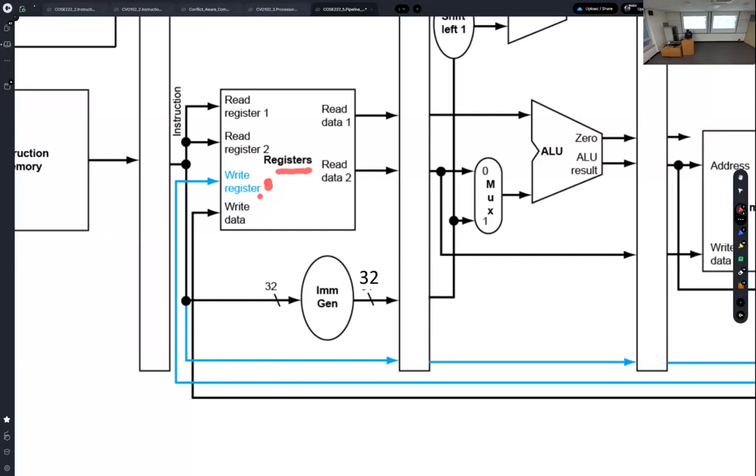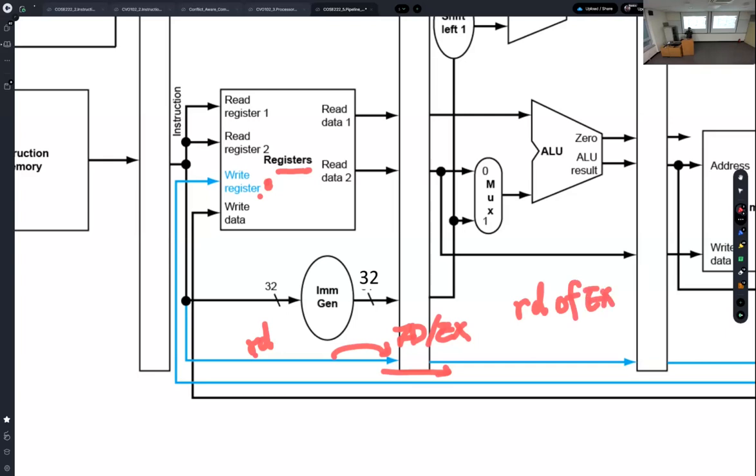Right, because this RD is given to the ID EX pipeline register, right? So in this ID passes through this pipeline register, then this RD becomes the RD of EX stage, right?